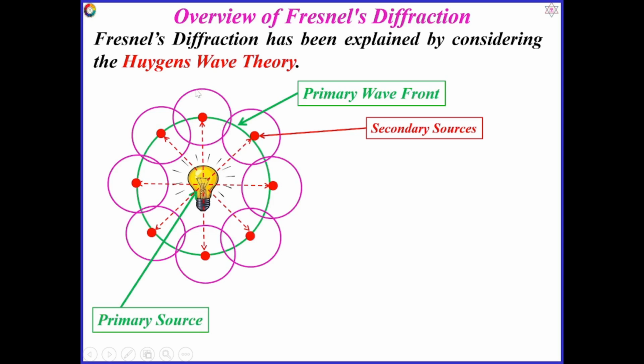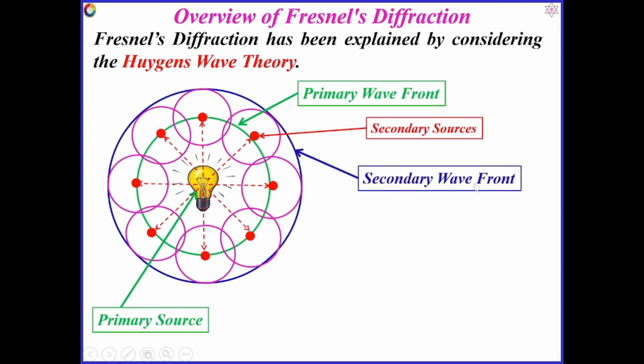If I join all the points on the circumference of small circles like this, then this resultant wavefront, the blue colored circular curve you just watch, will be called your secondary wavefront for this primary source.